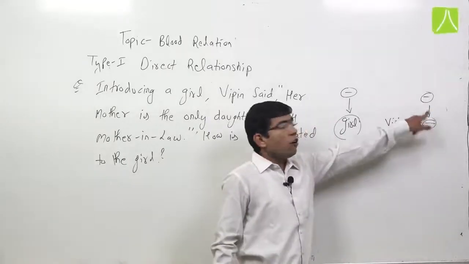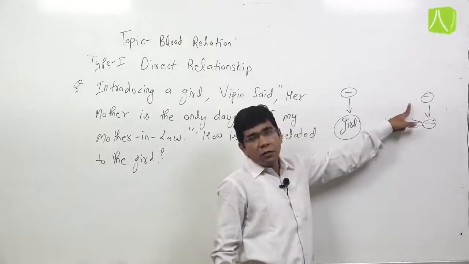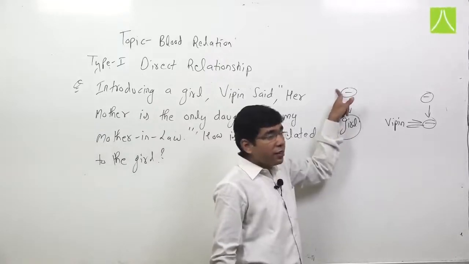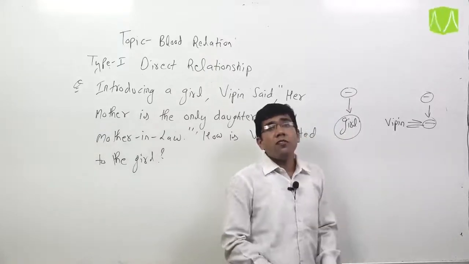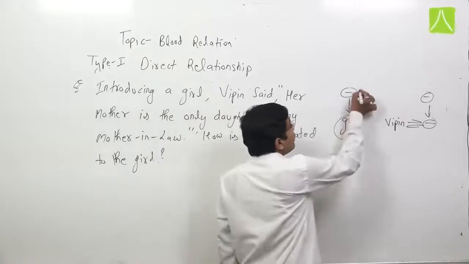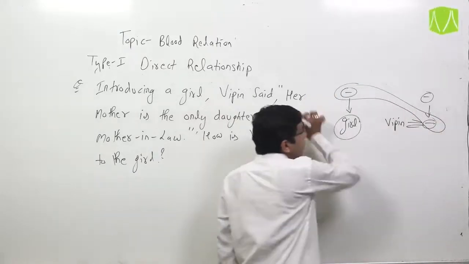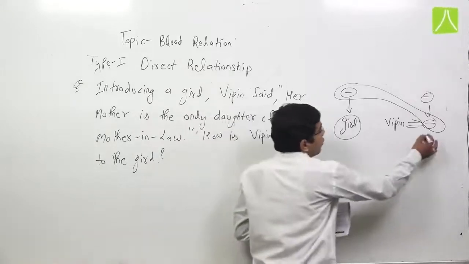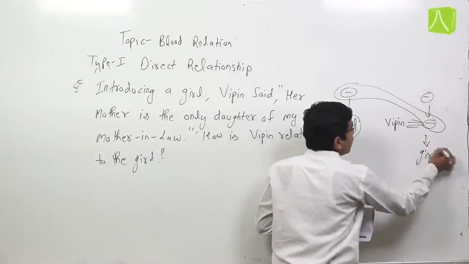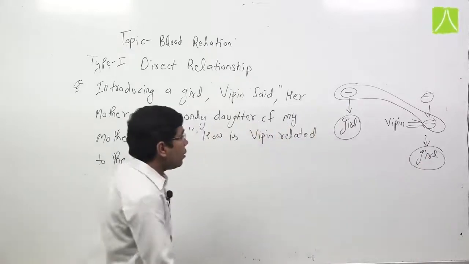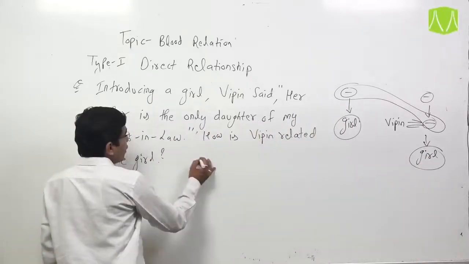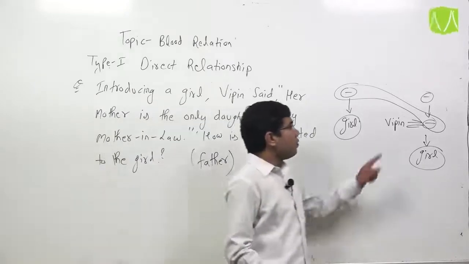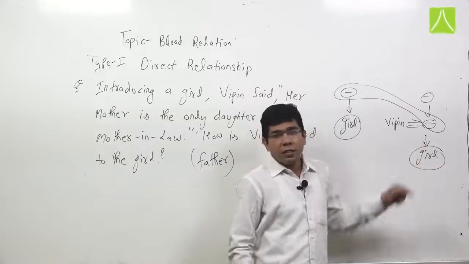The mother of Vipin's wife is Vipin's mother-in-law, and according to the question, the mother of this girl is the only daughter of my mother-in-law, which means this girl's mother is Vipin's wife. So this girl is the daughter of Vipin. So for this question our answer is father. Vipin is the father of this girl.